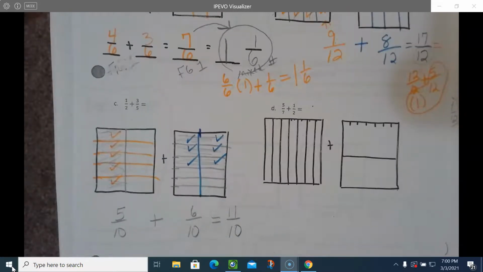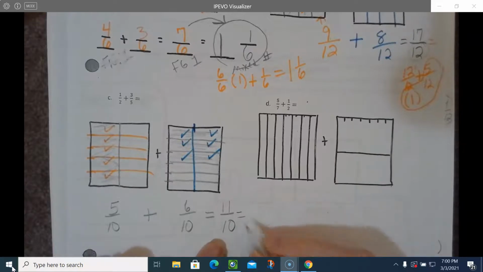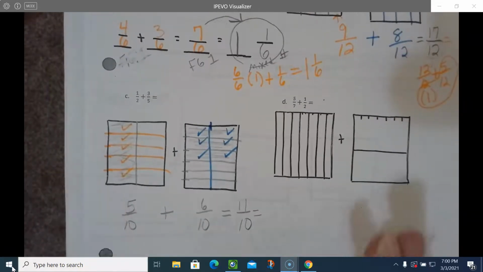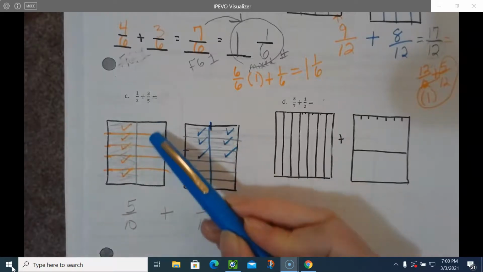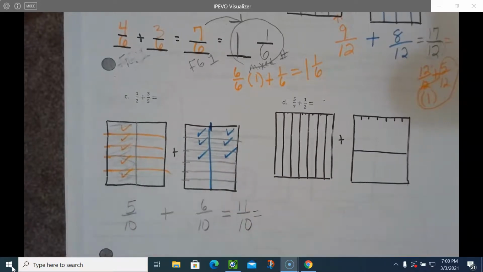tenths. When I add those two fractions together, I am going to get a fraction that is greater than 1, 11 tenths. Now, if I am looking to figure out what my answer would be as a mixed number, I can take these 1, 2, 3, 4, 5. I need 5 of them to fill up this one over here.